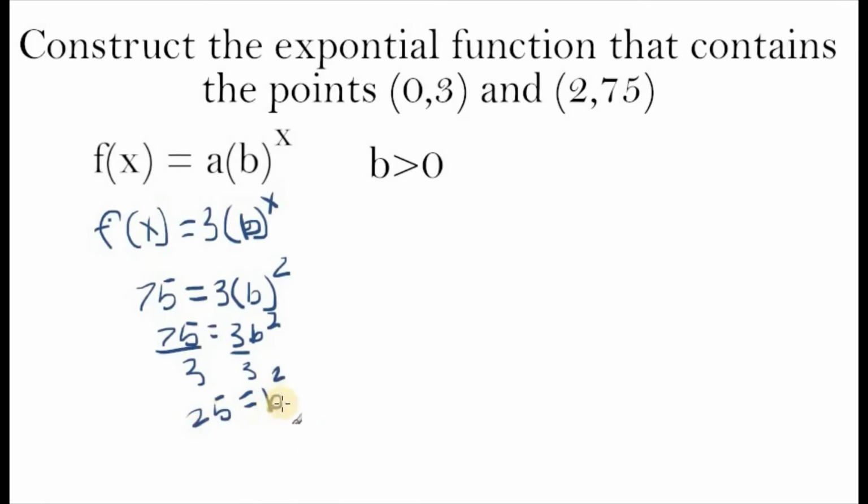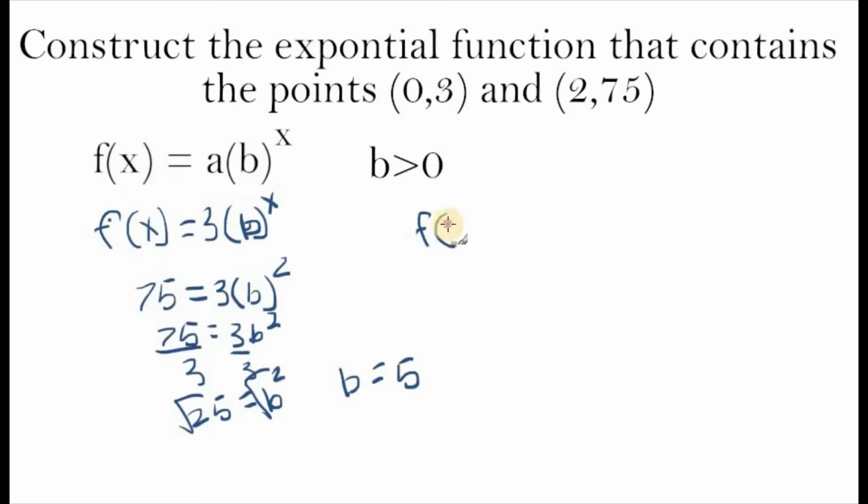So now we're going to get rid of the squared by making a radical sign over it. And you'll get b is equal to 5, because 5 times 5 is 25. So now we know what the b is, and b is greater than 0. So this works out so far. Now we're going to plug this all back into the original equation.